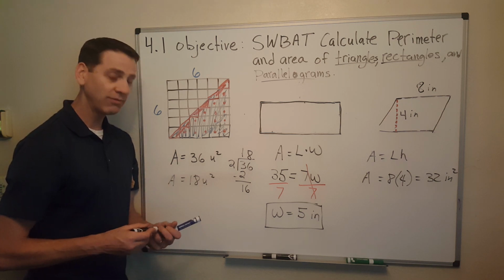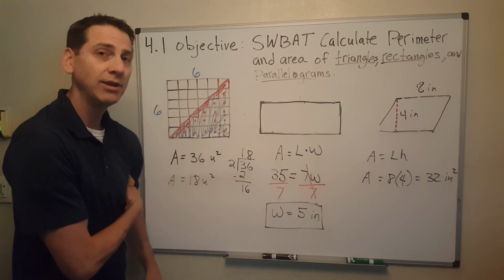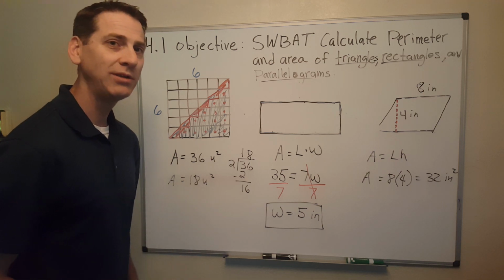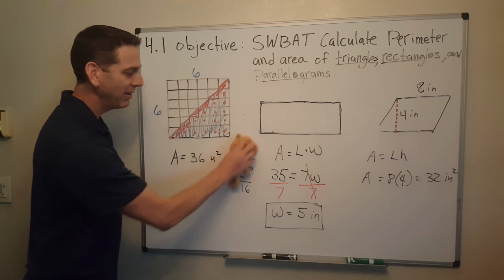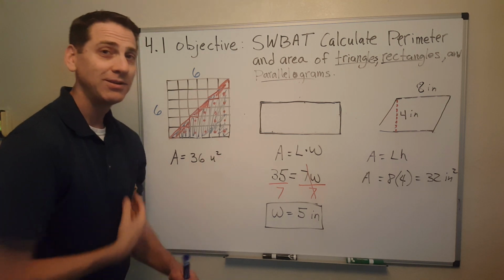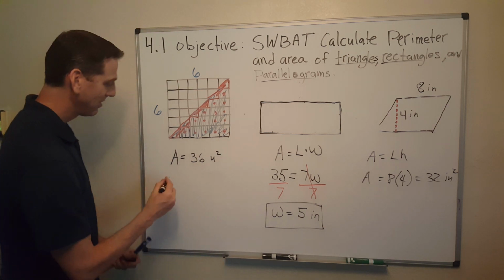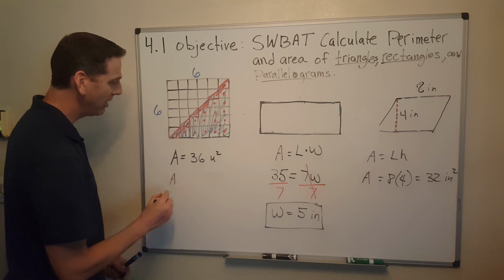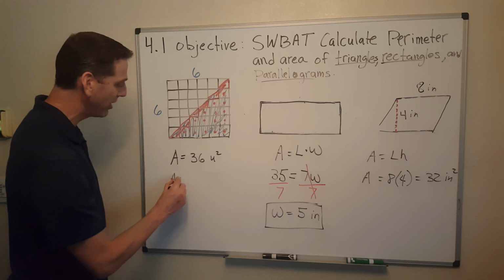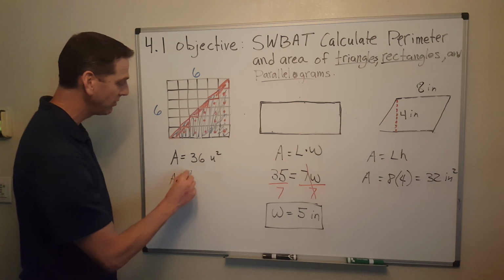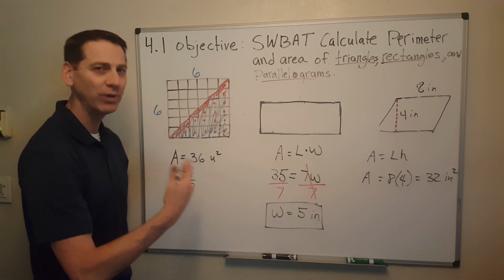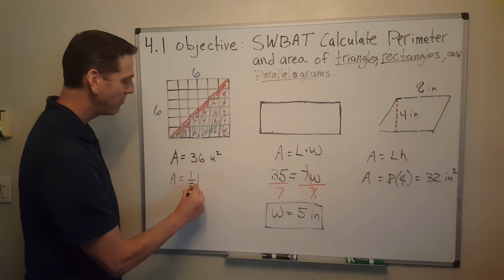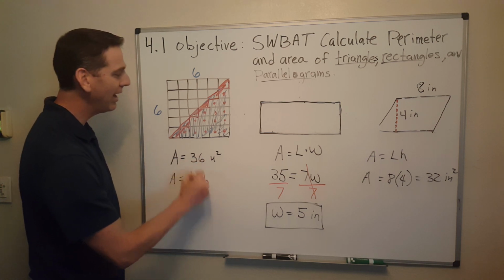So what do you think the formula for a triangle is? Why don't you pause the video and see if you can come up with the formula. You got it? Well, you guessed it. If the area of a rectangle is length times width, the area of a triangle is 1/2, and usually you'll see it written like this: base times height.